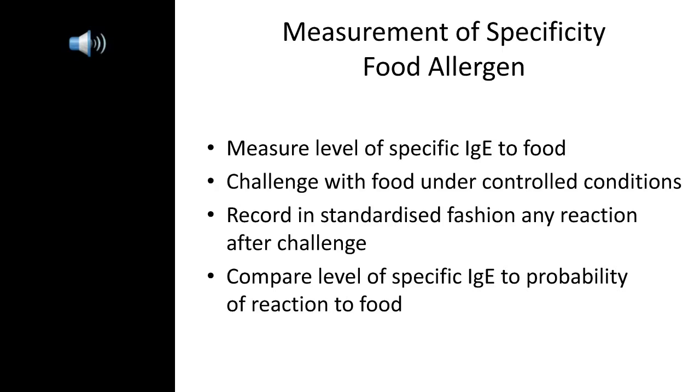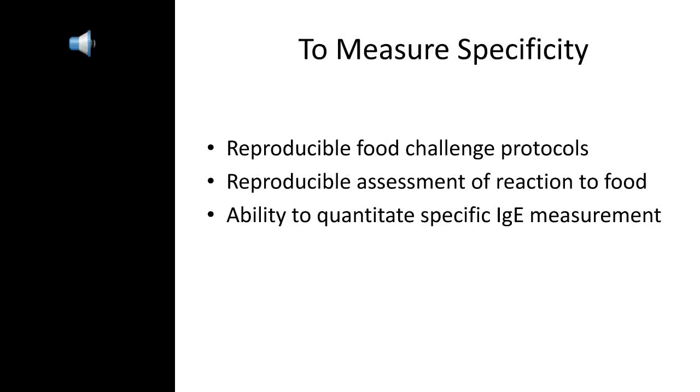So now you've got a quantitative test for IgE, you can actually have a level, and then you challenge with the food under controlled conditions, and then you record whether or not people react in a standardized way, and you compare the level of specific IgE to the probability of reaction to food. And this has been made possible because of improvements in both the clinical area and the lab area.